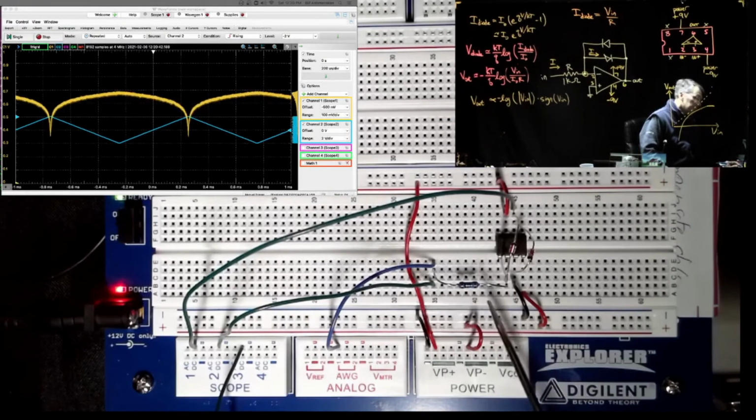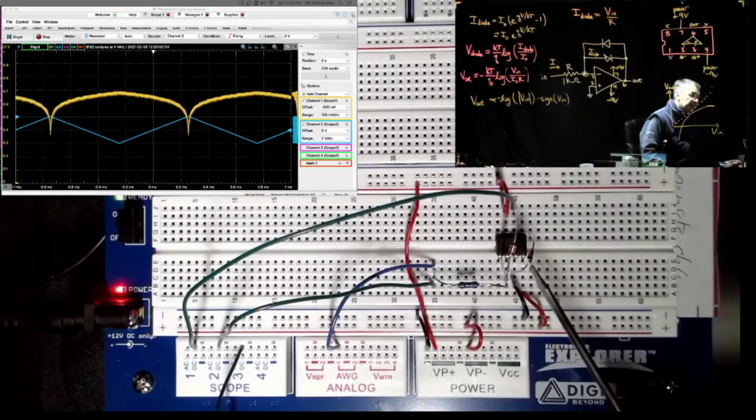We see the 1K resistor coming from our input signal, which we'll talk about in a minute, over to the inverting input of the op-amp. And then you have our 2 diodes, and they're both connected from pin 6, the output, back to pin 2, the inverting input.